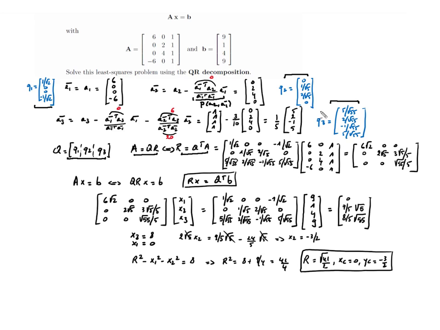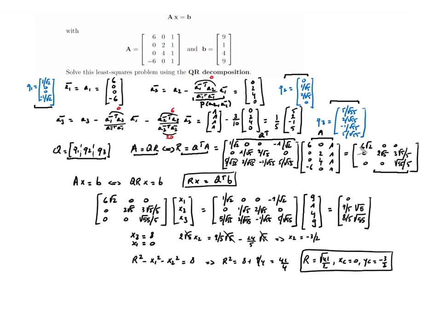By the way, of course, here again we should check, probably easier over here, that this one is perpendicular to this one and perpendicular to this one, and if you look at this, you will see that this is indeed the case. So R is Q transpose A, this is Q transpose, right, and this is A, and if you go through the calculations, this is the R that you obtain.